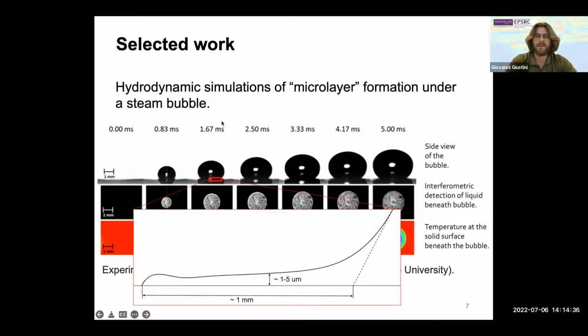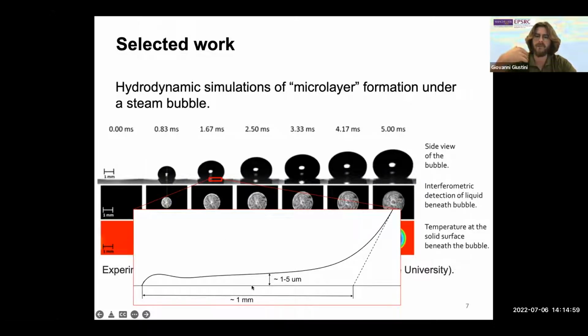Well, the thing is that there is, beneath the bubble, a very thin liquid film, say 5 microns in thickness and something like 1 millimeter in radial extension, that is originally formed as the bubble expands due to inertial reaction and viscous forces, but most importantly, it also eventually evaporates.